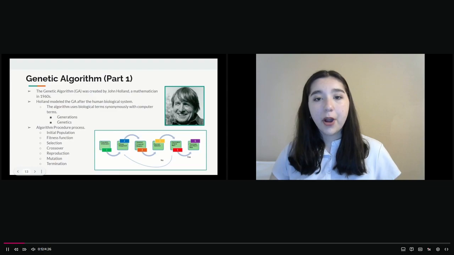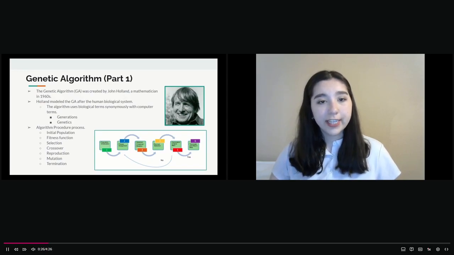Genetic Algorithm Part 1. The genetic algorithm was created by John Holland, who was a mathematician, in the 1960s. Holland modeled the GA after the human biological system, and he was mainly inspired by the process of natural selection and evolution. The algorithm uses biological terms synonymously with computer terms.